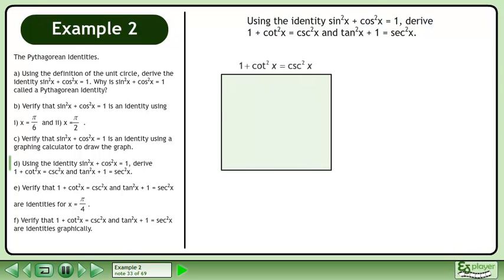We'll begin with 1 plus cotan squared x equals cosecant squared x. Rewrite the identity sin squared x plus cos squared x equals 1. Divide both sides by sin squared x.